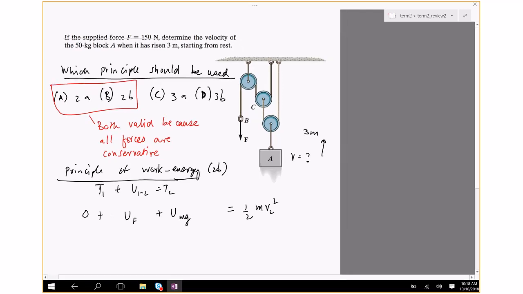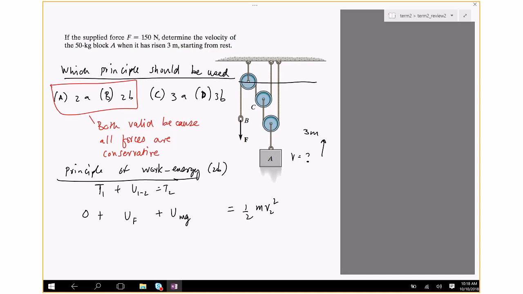Since I want to find the work done due to gravity or force, I need to multiply the force with the displacement. So I have to start with some sort of a line for the origin so that I can relate the motion of point B with that of point A.